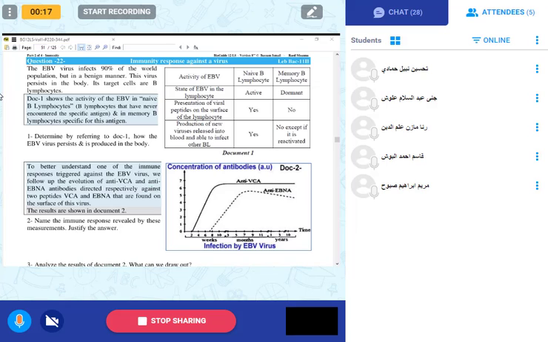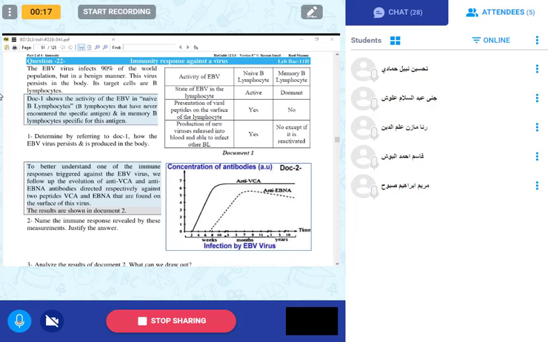Presentation of viral peptides on the surface of the lymphocyte, yes. أما بالmemory nothing is shown on the surface لأنه مخبى dormant. Production of new viruses released, yes. هناك no except if it is reactivated.